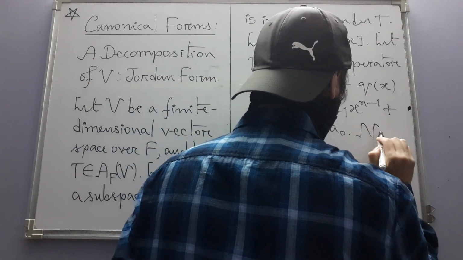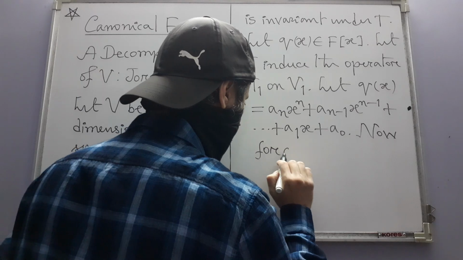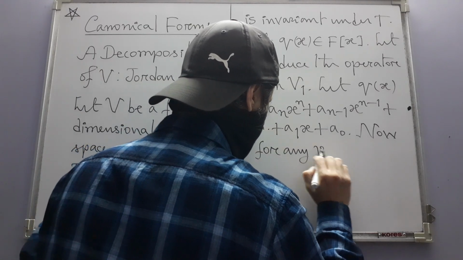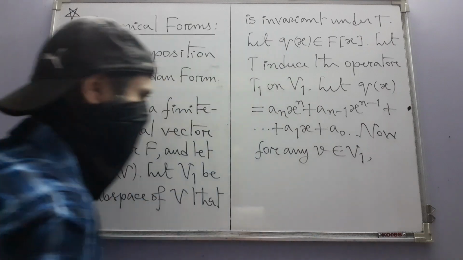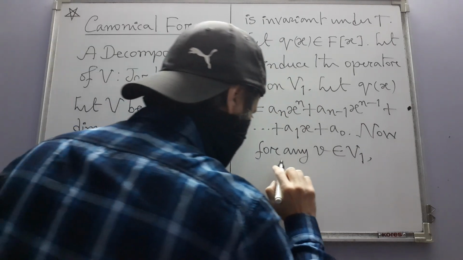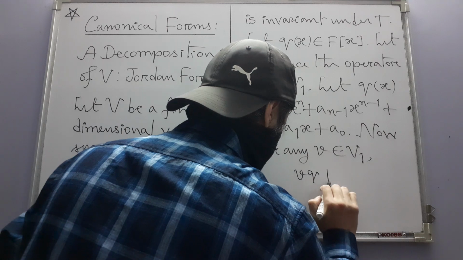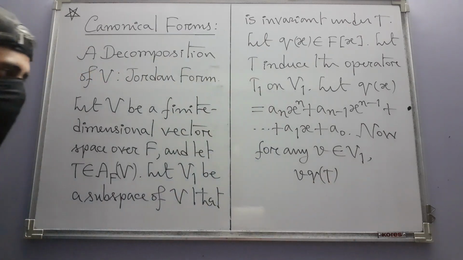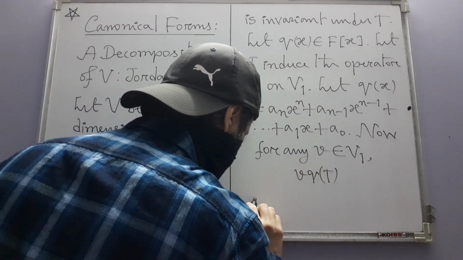Now, for any v coming from the subspace V1, let's see what we get if we calculate v Q(T). That is the image of the vector v under the operator Q(T).